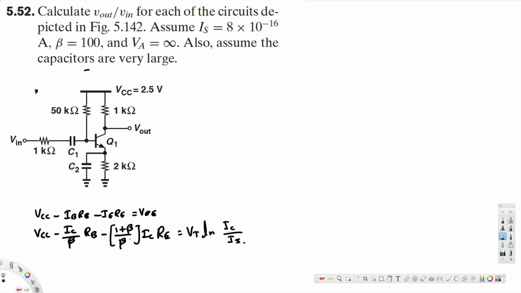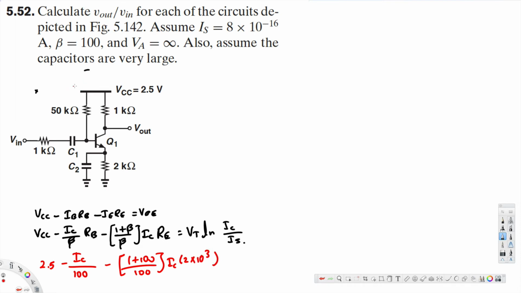Now let's go ahead and plug in all the values. VCC is here, that's 2.5 volts, and IC is what we are trying to find, and beta is given, that's 100. Divide this by 100 minus 1 plus 100 divided by 100 times IC. RE is the emitter resistance. Here our emitter resistance is 2K, so this is going to be 2 times 10 to the power 3.